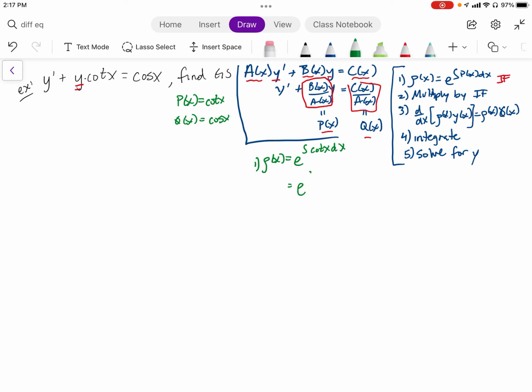We have e to the integral, cotangent is cosine x over sine x dx, and using u substitution, if we call u sine x, then du is cosine x dx, and therefore we have integral du over u, which is ln.